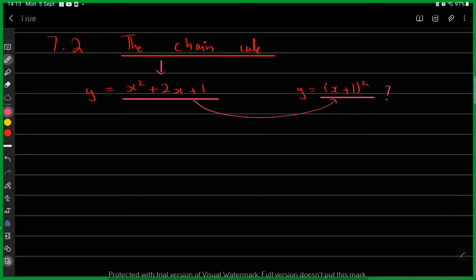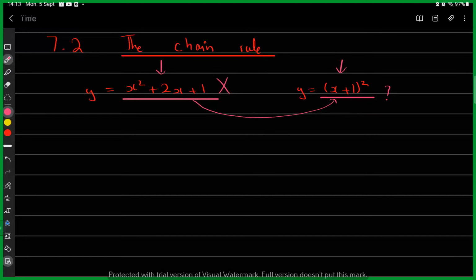Why? Because we have studied the rule. The rule was that if things are being added or subtracted, you need to deal with them separately, differentiate that, and overall that is going to give you the entire derivative of the equation. But what if I say I don't want to use this, I want to use this then? Then basically we need to talk about another rule, and that rule basically is for brackets.